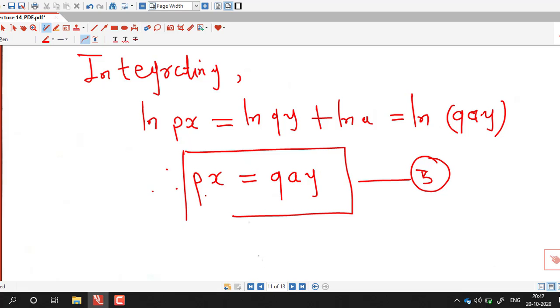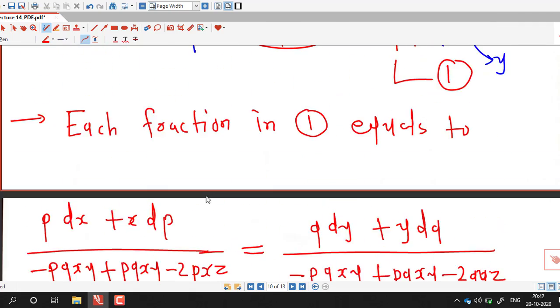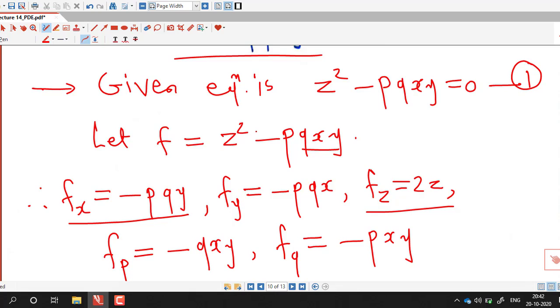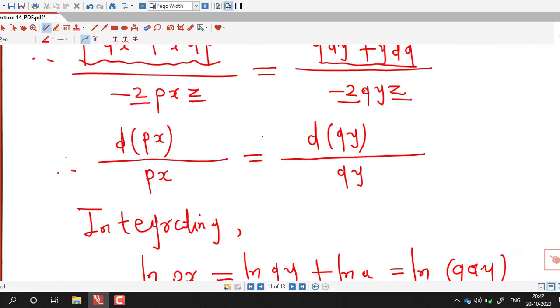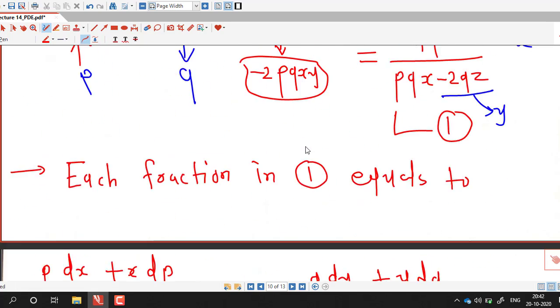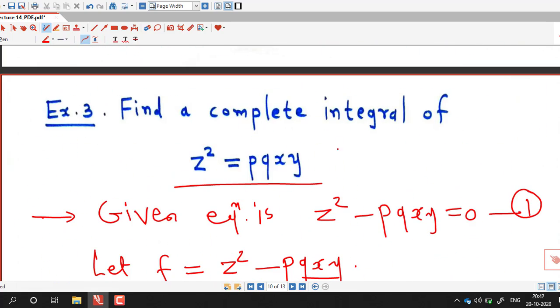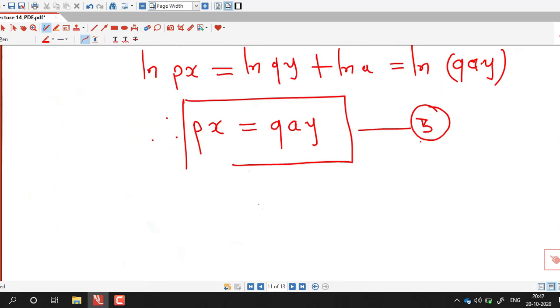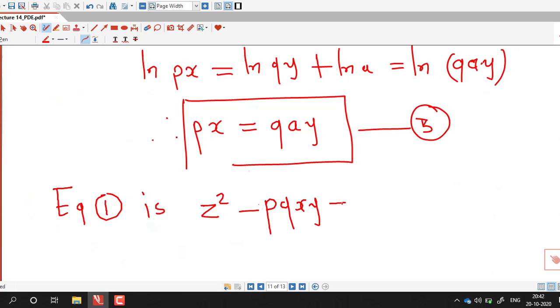So I have p into x equal to q a y, which I can use in the given equation. The given equation is z square minus pqxy equal to 0. Equation 1 is z square minus pqxy equal to 0.